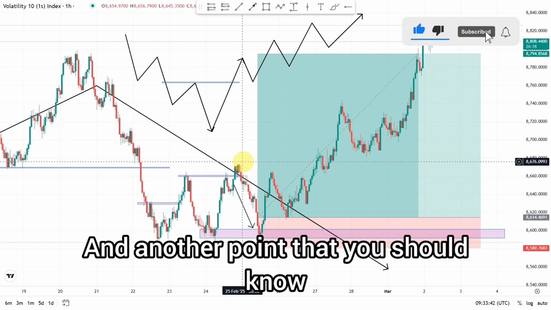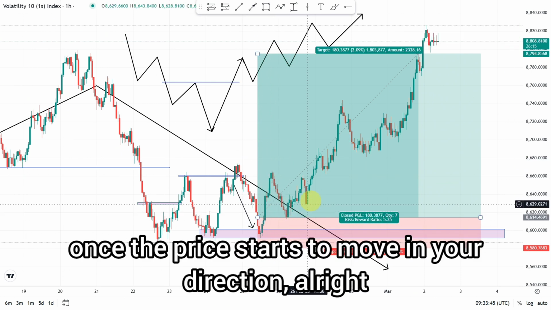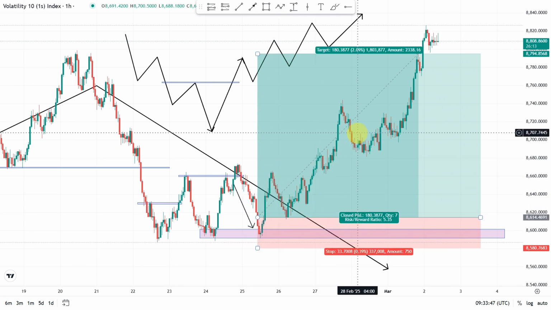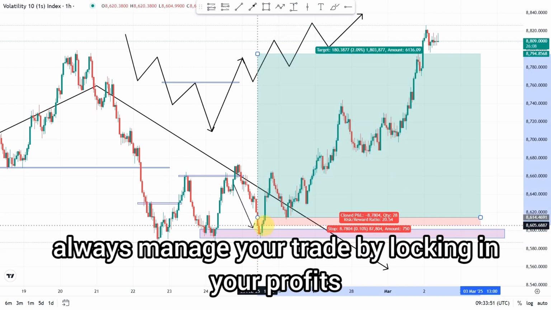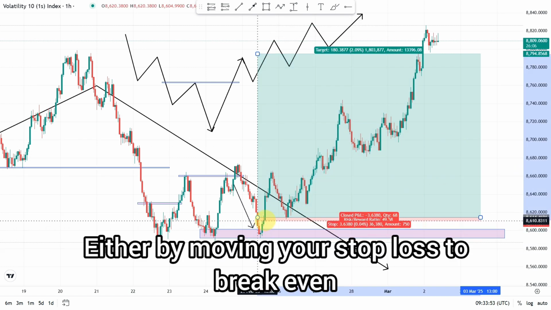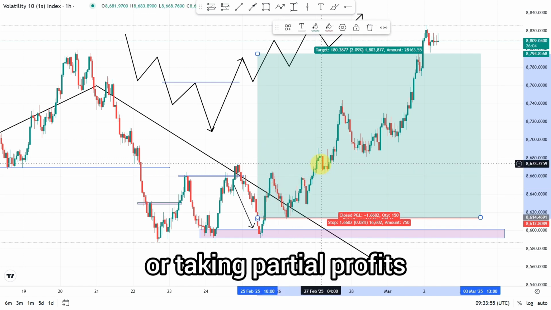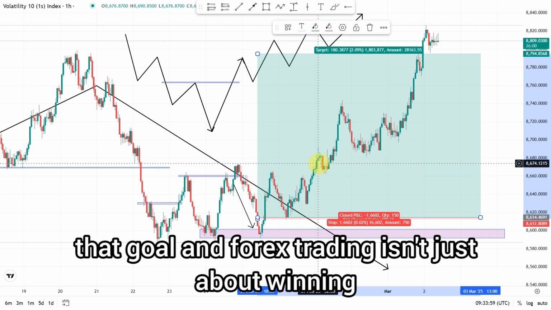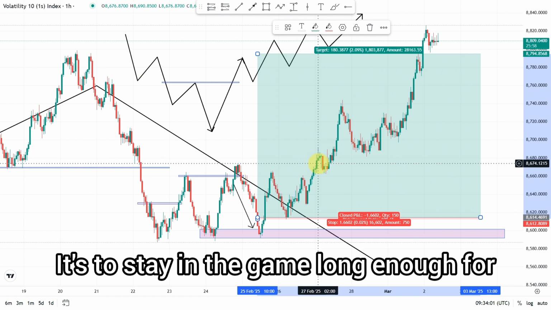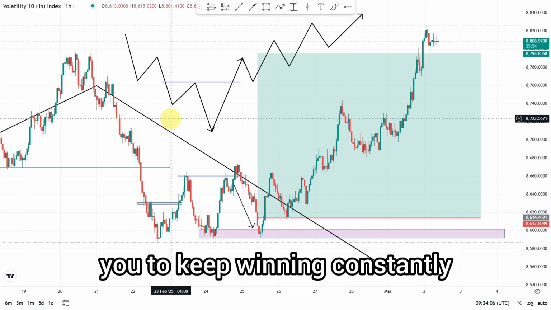And another point that you should know: once the price starts to move in your direction, always manage your trade by locking in your profits, either by moving your stop loss to break even just like this, or taking partial profits. You have to remember the goal in forex trading isn't just about winning, it's to stay in the game long enough for you to keep winning constantly.